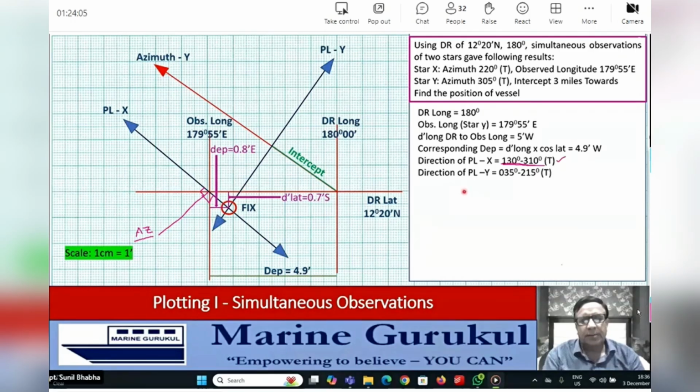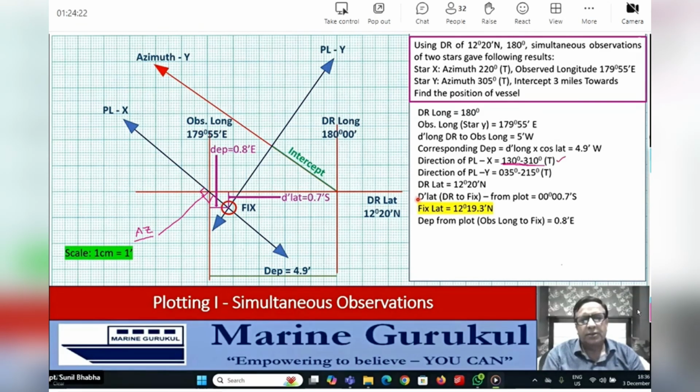Using this D lat and departure, we come on this side. We have the DR lat. We know the D lat of the fix from the DR lat, and we get the latitude of the fix as 12 degrees 19.3 minutes north.